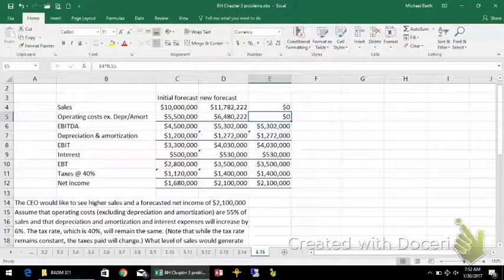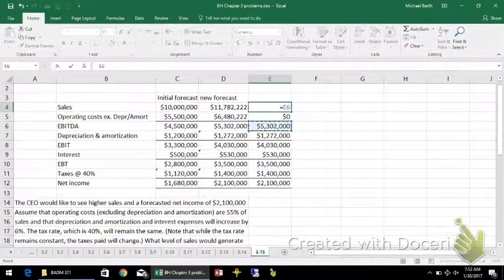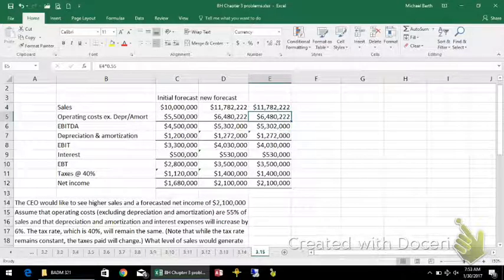If I know that this is 45% of sales, then I can just divide that number by 0.45, and it'll come up with the right number. So I could have done this a couple of different ways.